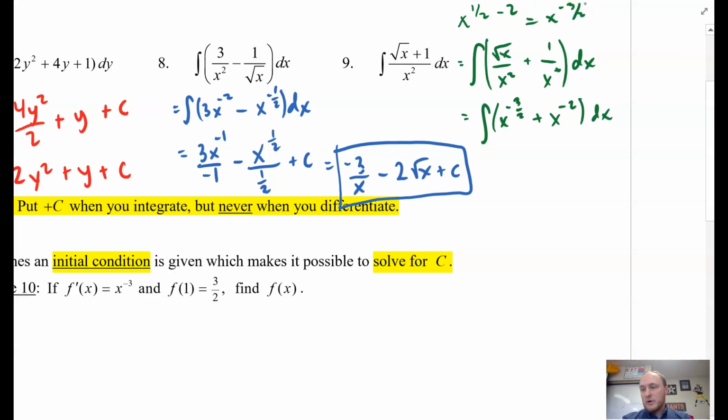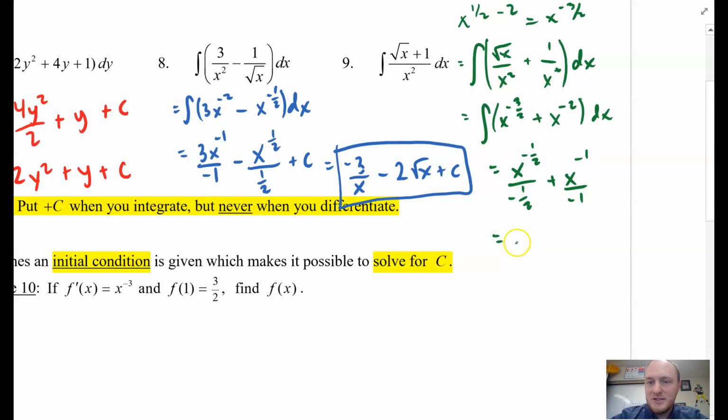All right, so now we want to go ahead and integrate this. Okay, so I'll raise my power by 1, so I have x to the power of negative 1/2 divided by -1/2 plus x to the power of -1 divided by -1, and we will get our answer.